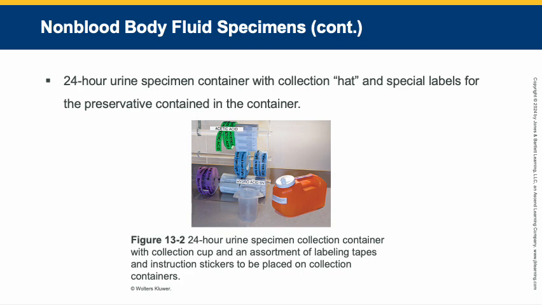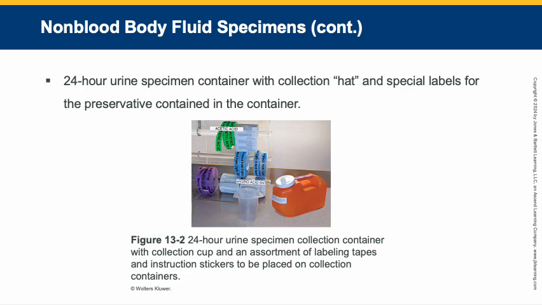And do you see where at the top of that picture it says acetic acid? Depending on what your doctor has ordered, your specimen container may or may not have a preservative in it. If it has a preservative in it, it can be a chemical.